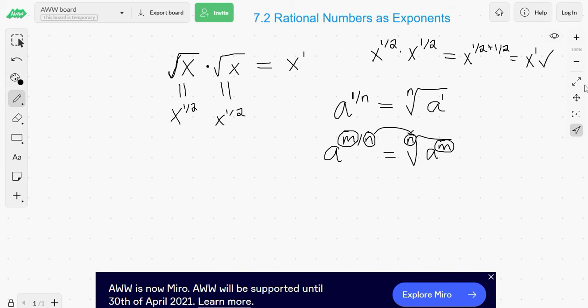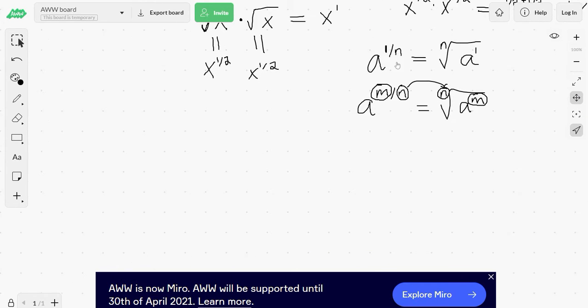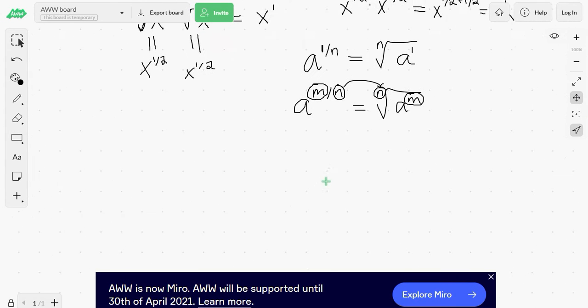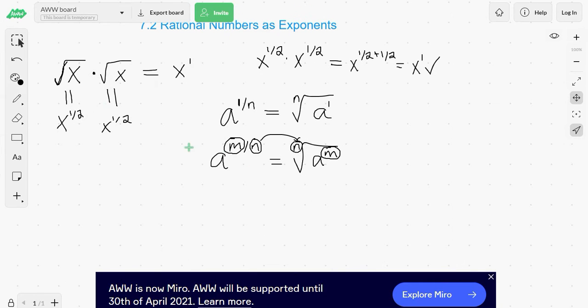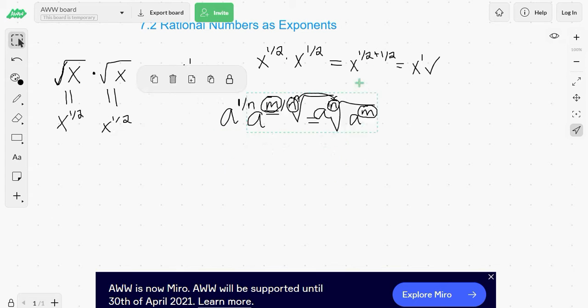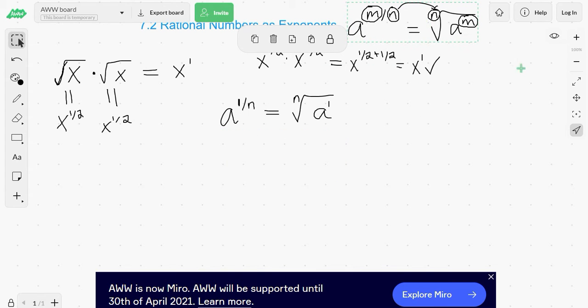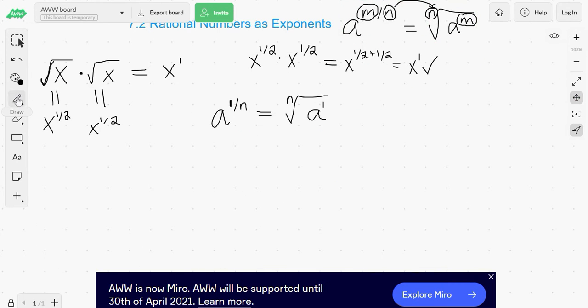Okay, so now that we've established all of that, we should take a look at some examples. Let's take a look at the following example. What I want to do first is take what we've established right here and throw that up at the top. So that's a helpful formula we'll be using along the way.